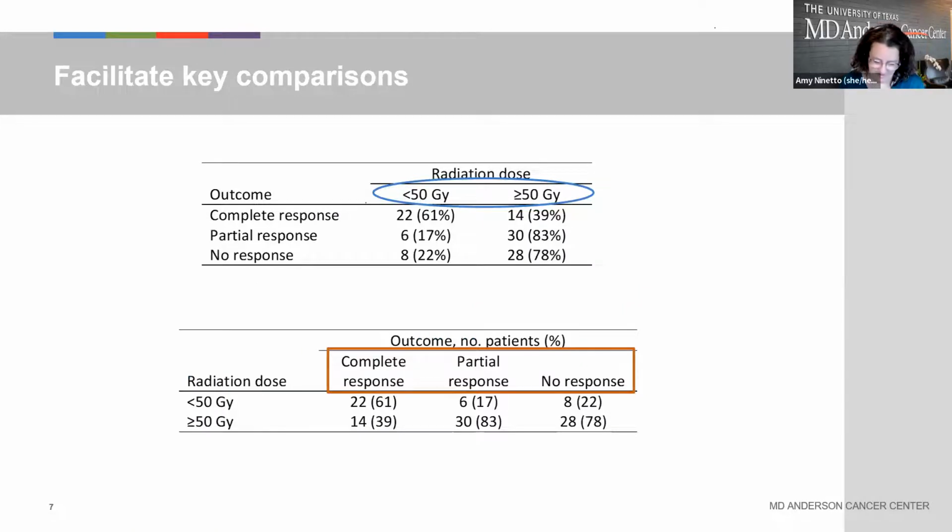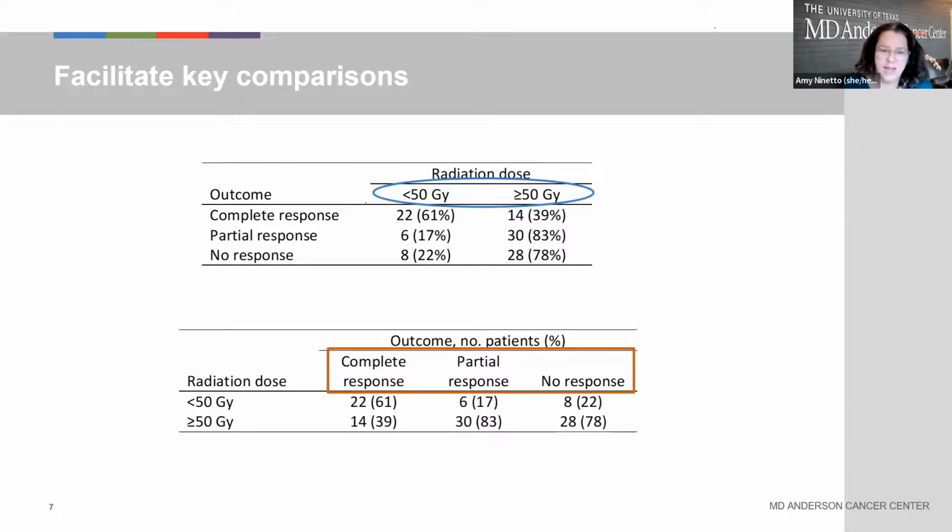Another thing that you want to do is take advantage of the conventional reading order of English, that is from left to right and top down, to draw readers' attention to the key comparisons you want to make. This is another way to make your reader's eye move quickly and easily, kind of naturally, across your figures and here a table.